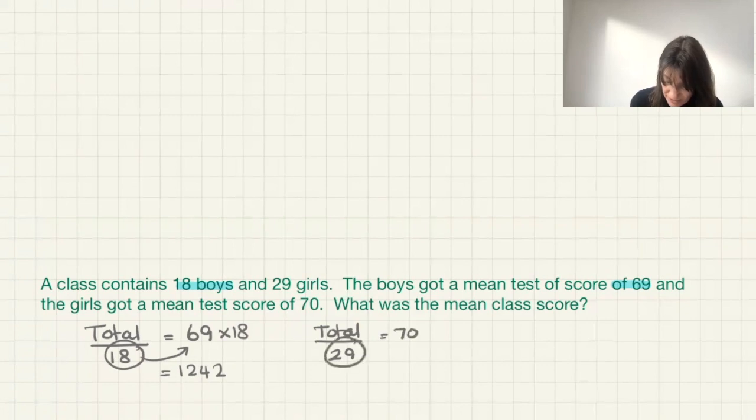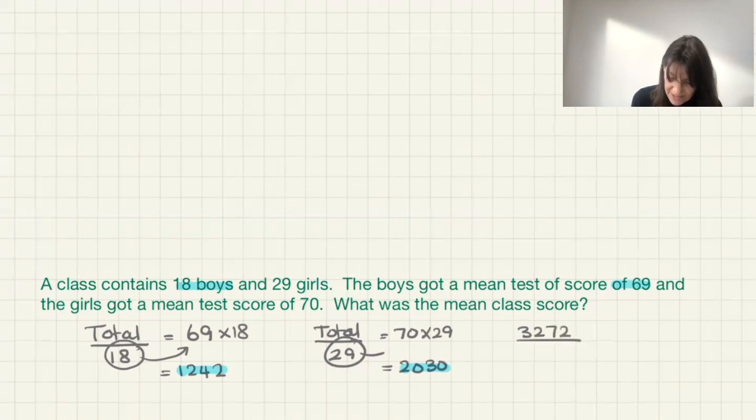So you divide through, take the divide, it lands as a times. And now I've got a total for the girls as well, which is 2030.